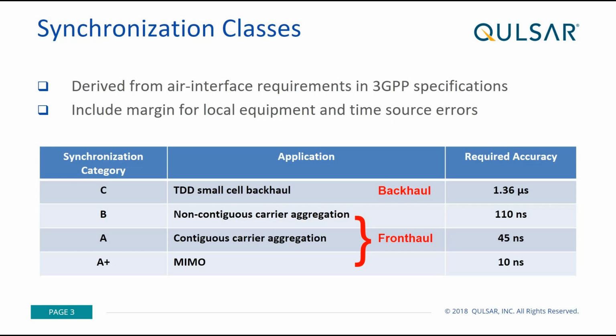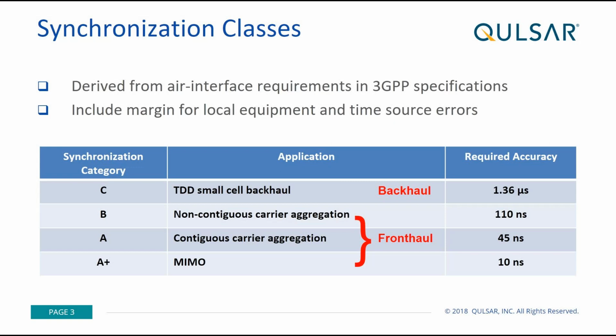And then if we try to use some of the advanced technologies of 5G, such as distributed MIMO, where we have effectively a virtual antenna distributed across multiple radio units, then even tighter synchronization is required, as you can see from the 10 nanosecond Class A plus requirement here in the table.